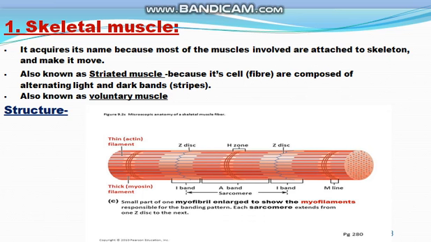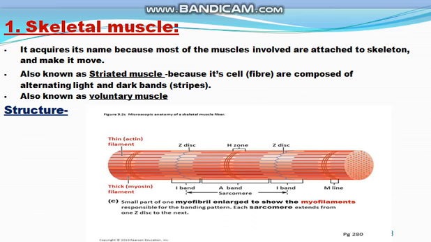There are light bands and dark bands, and it gives the appearance of stripes. So this is also known as striated muscle, and this muscle is under our control, so it is also known as voluntary muscle.